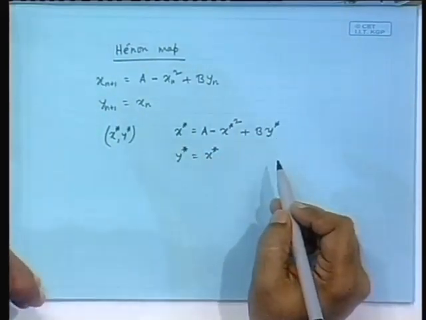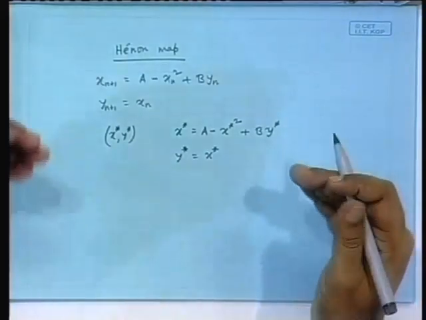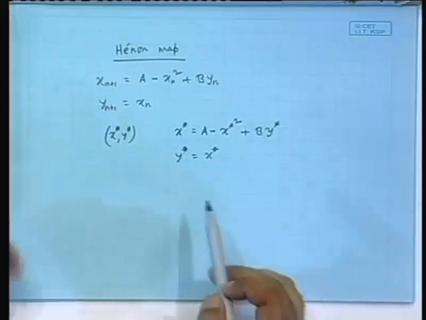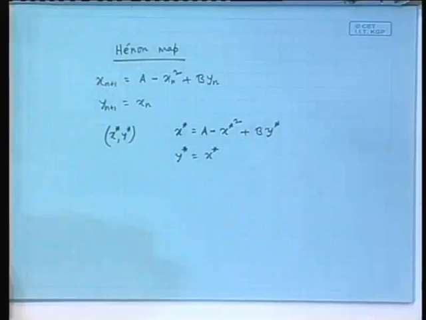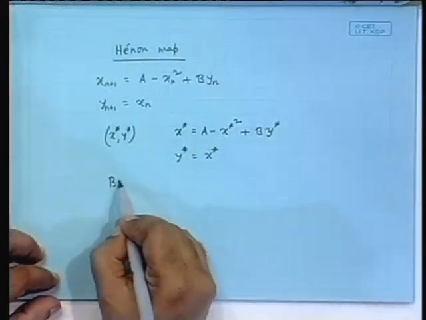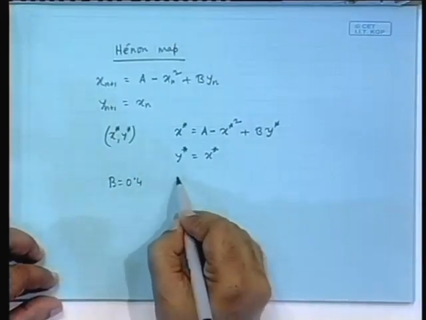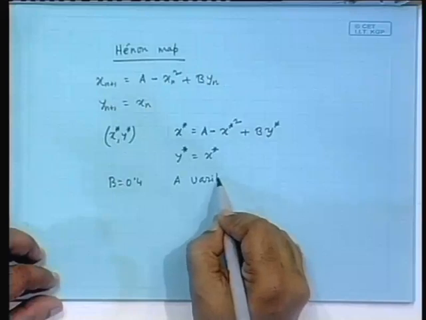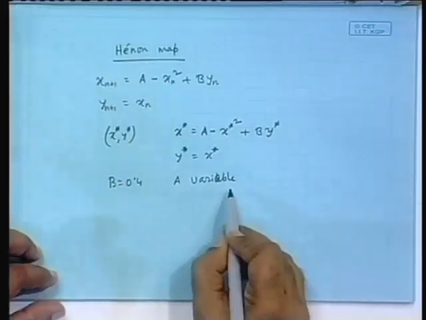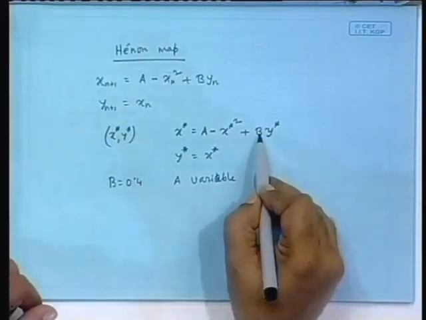Fine. Let us proceed by choosing one of these parameters. There are two parameters a and b. Let us choose one of these parameters. Say, let us set b is equal to 0.4 and a variable, and we will be trying to understand what happens as a varies. Okay. So, that this fellow is now 0.4.